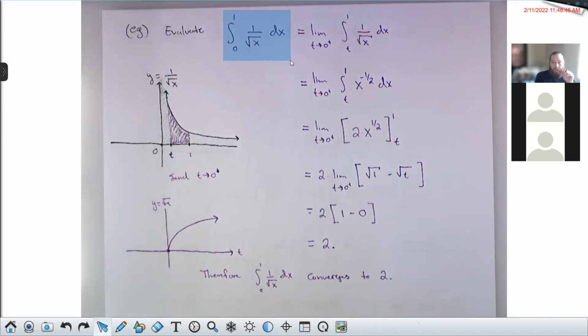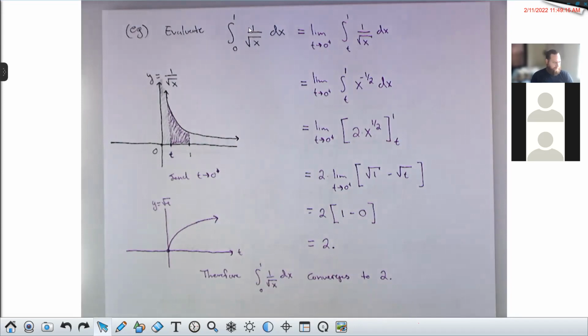The reason it's not a p integral is because it's not going from 1 to infinity, right? P integrals always go from like somewhere to infinity, and that somewhere has to be a positive number. So if this was integral from 1 to infinity of 1 over root x, that would be a p integral. If it was integral 2 to infinity, 1 over root x, that would be a p integral. But integral 0 to 1, not a p integral, because it's not a type 1 integral, right? P integrals are always type 1.